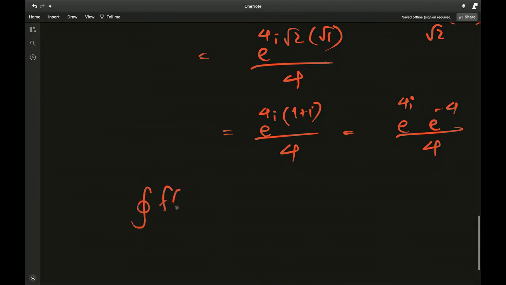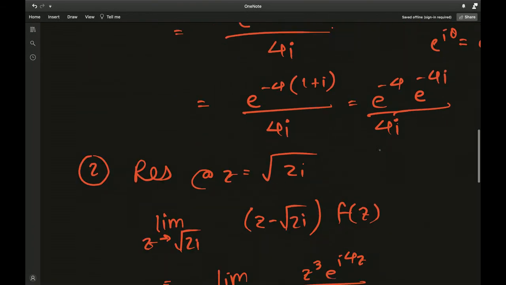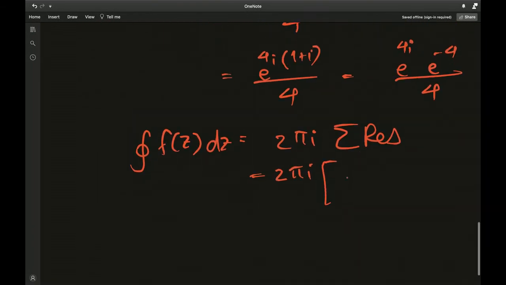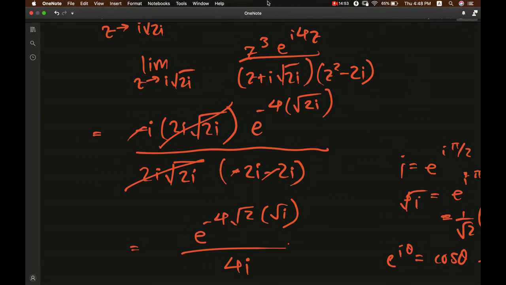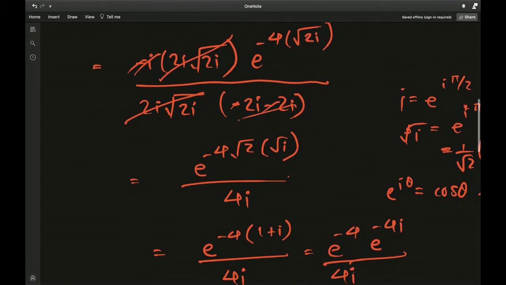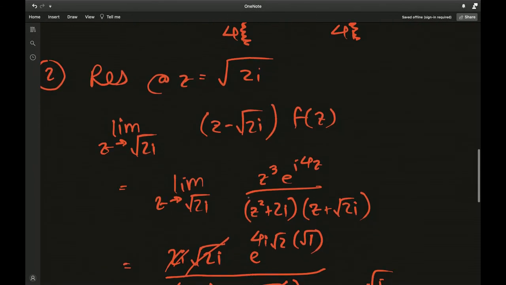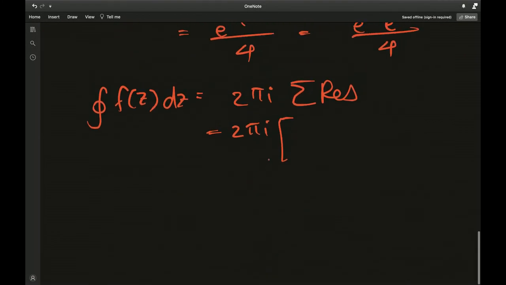And our contour integral of f of z dz is actually 2 pi i times the sum of residues. So 2 pi i and then sum these two guys together. One small correction, this i will also cancel out with the i in the denominator. So there will never be an i in the denominator. Small correction. As I said, improv happens, guys.